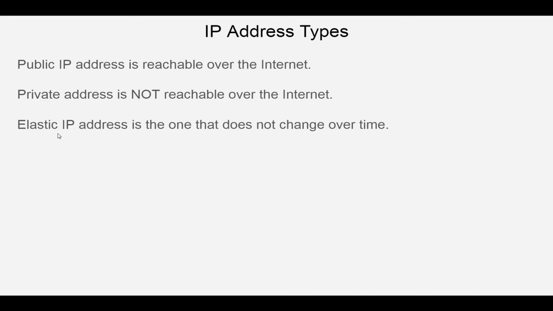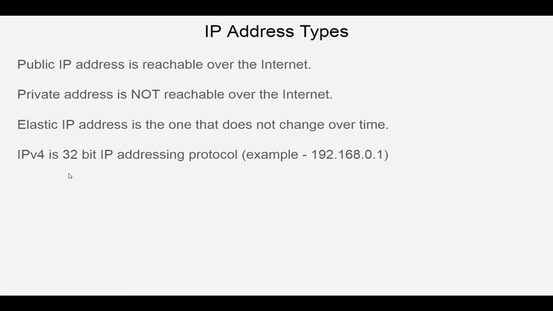Then there is also elastic IP address in AWS, which is the one that doesn't change over time. That means if you have an elastic IP address, it doesn't change with time. We have seen this one already. I will show this one again.